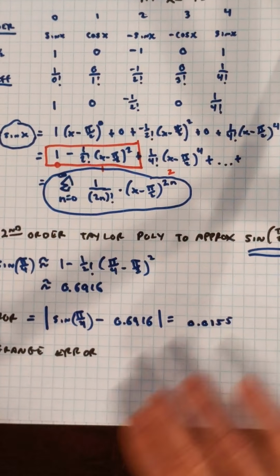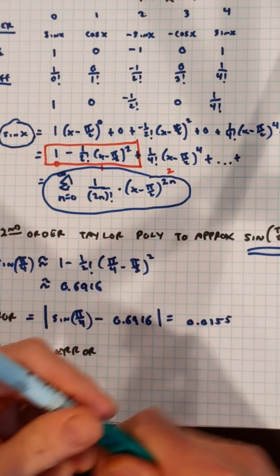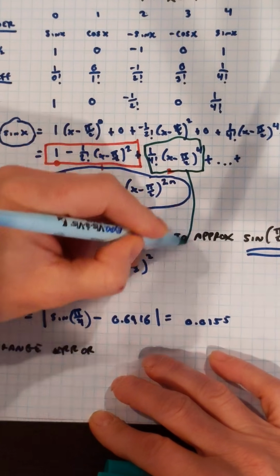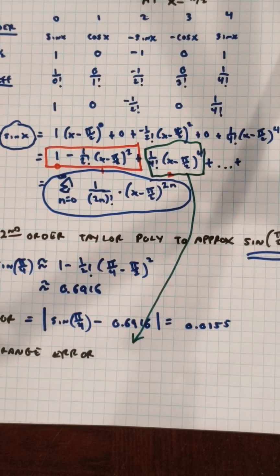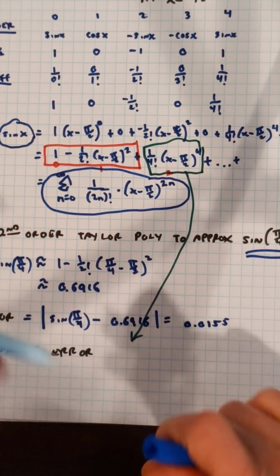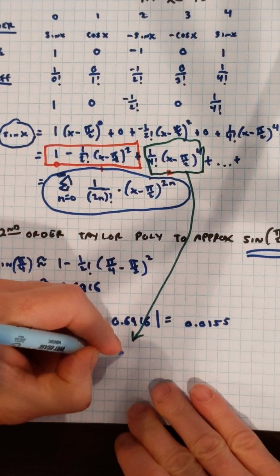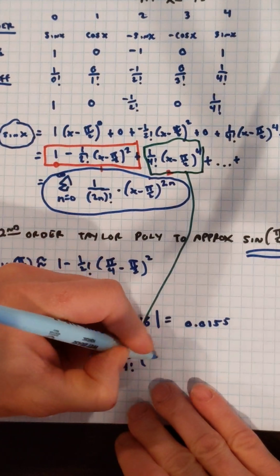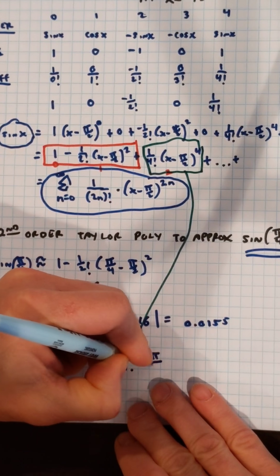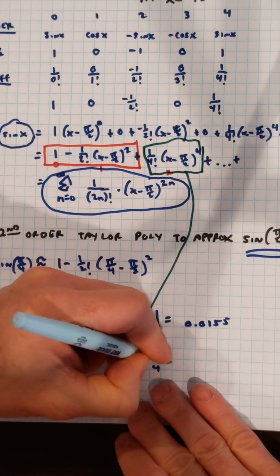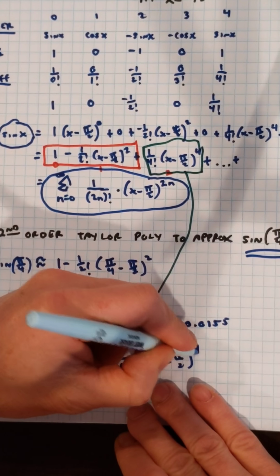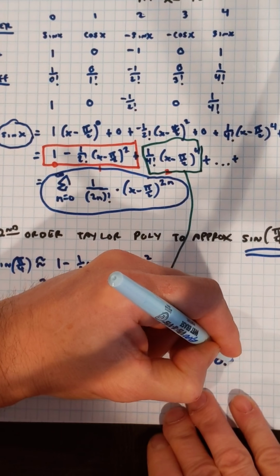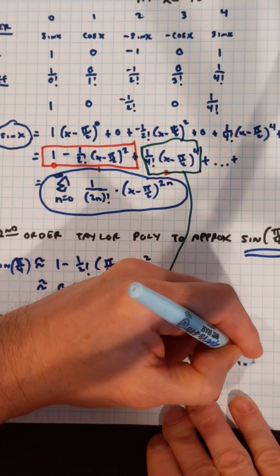The Lagrange error is computed by taking the very next term in the polynomial using that pi over 4. So the Lagrange error of that computation would be 1 over 4 factorial times pi over 4 subtract pi over 2, to the 4th, which gives me a Lagrange error of 0.0158.